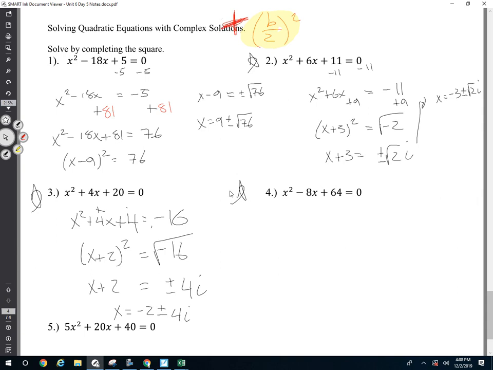Add 16, it's not x plus 16 squared. Why? Because x plus 16 squared is x squared plus 32x plus whatever 16 squared is.